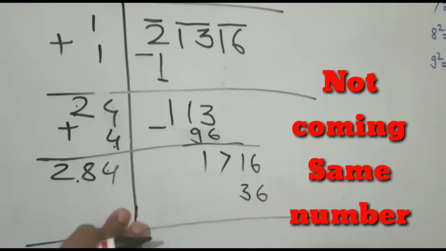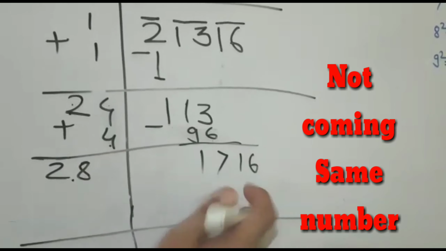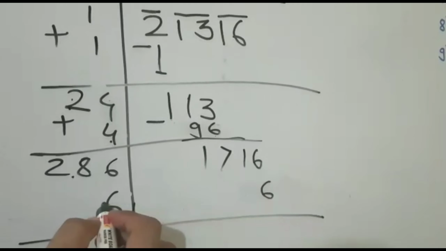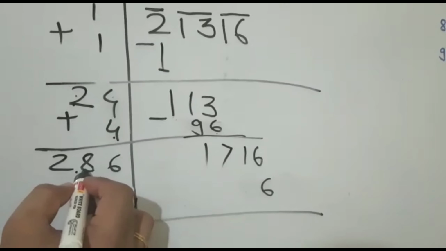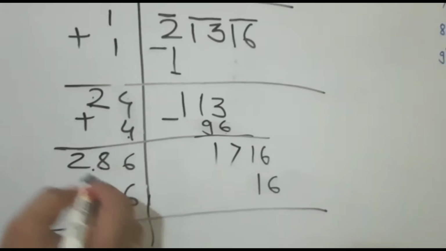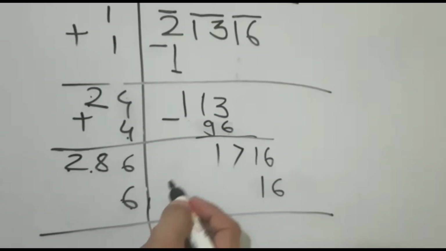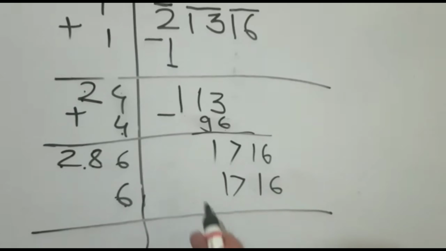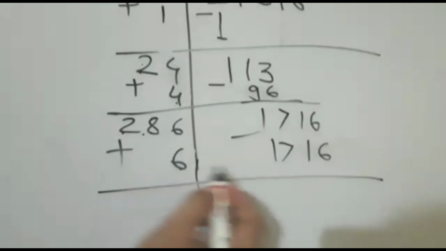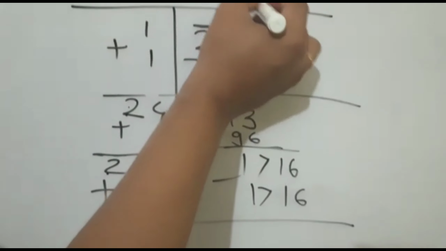This is not possible here. So we will take 6. 6 into 6 is 36. 6 into 8 is 48 plus 3, 51. Carry 5. 6 into 2 is 12 and 5 is 17. Here it is all possible. Now here subtraction, here addition, and the divisor is 6.